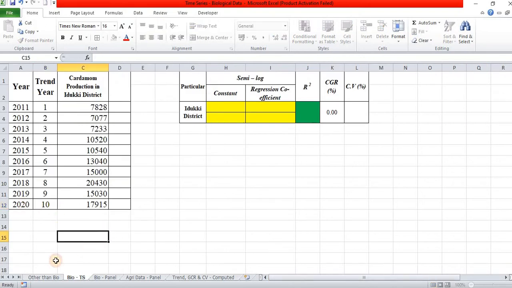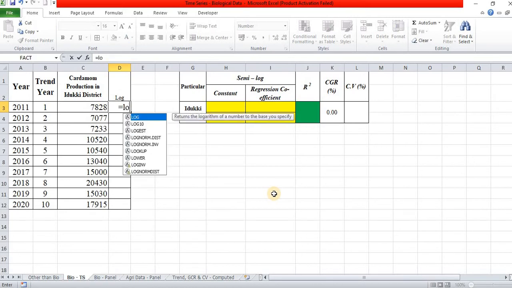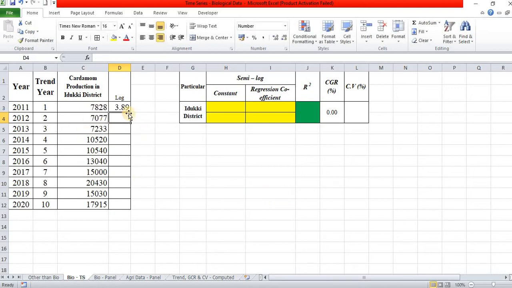And since our calculation should be in exponential or semi-log, we have to find the log value. To find that value, we apply the formula log, open brackets, and the value, that is production. So we get 3.89 in case of 2011 production, and we find out the entire years. And let us apply the simple regression with these two values.